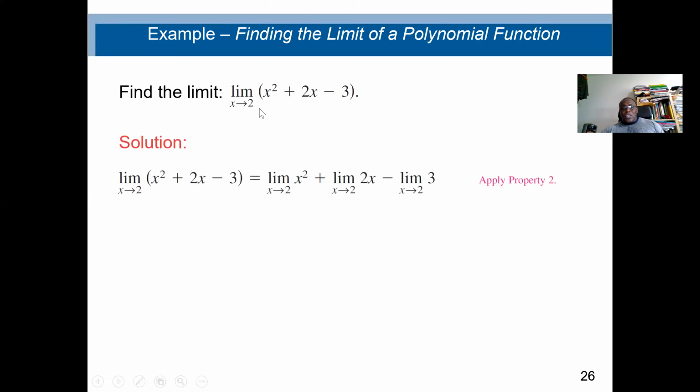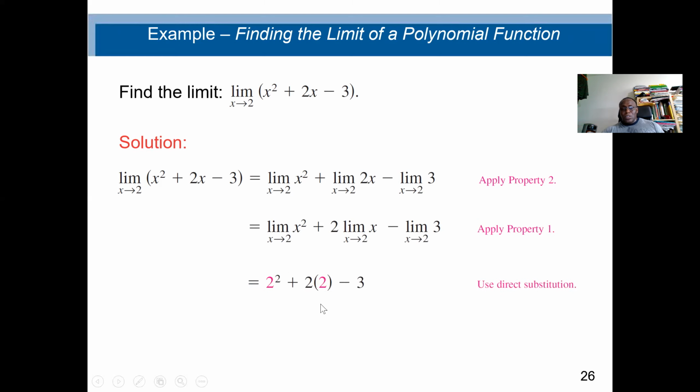So now let's try this function here. We plug in the 2, and this is using the sum and difference property. So we have 2 squared plus 2 times 2 minus 3, and our answer will give us 5.